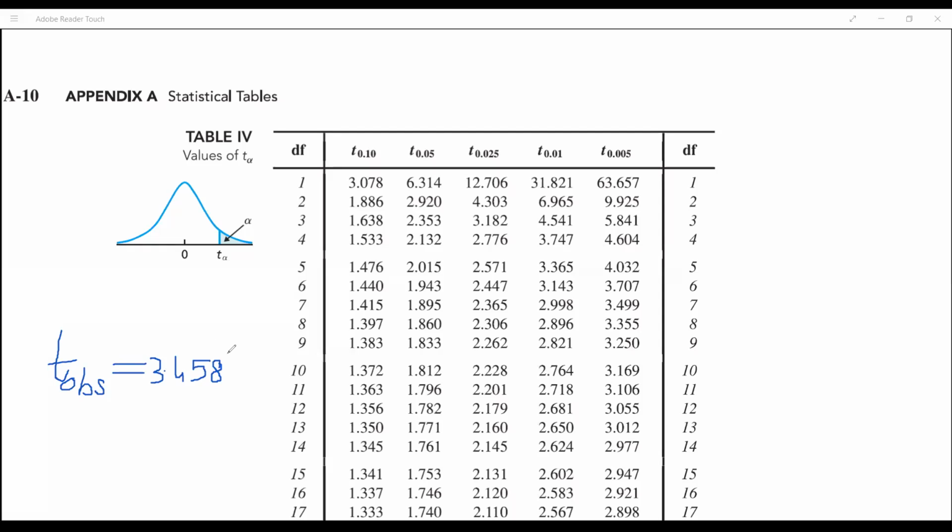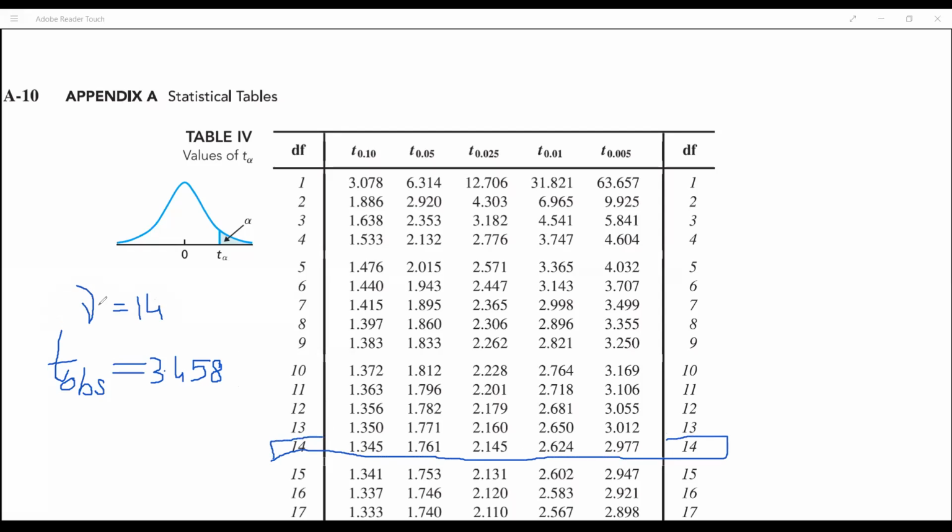Now the T observed is 3.458 as computed, and degrees of freedom nu is 14, that is, n minus 1. If we look at the number at degrees of freedom 14, we have to refer to this row. This entire row is referred.